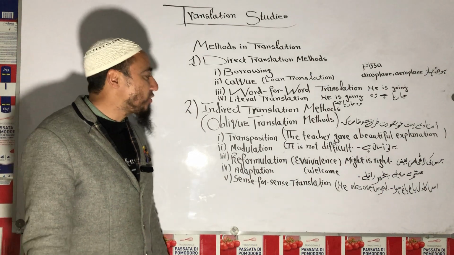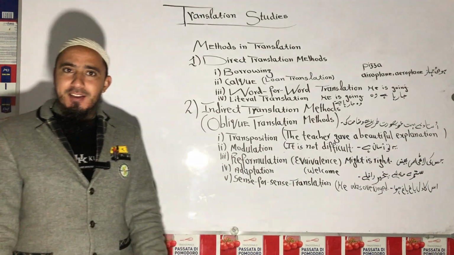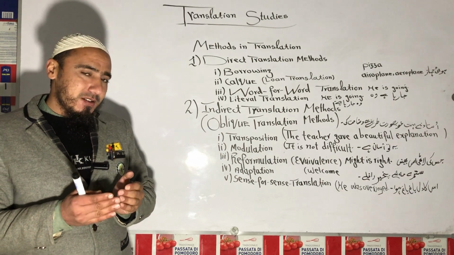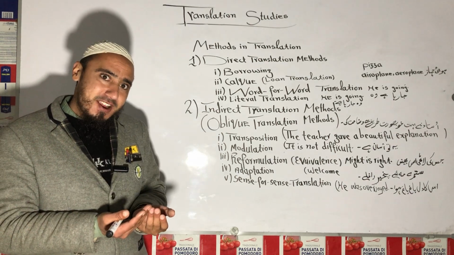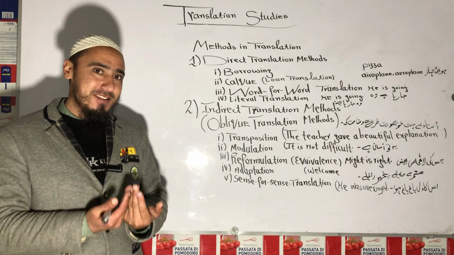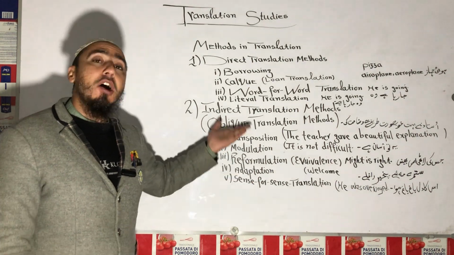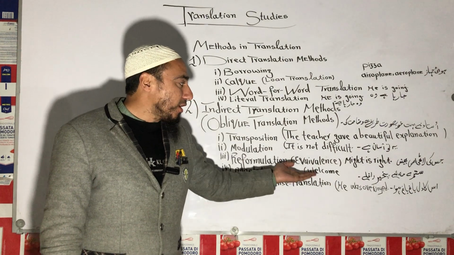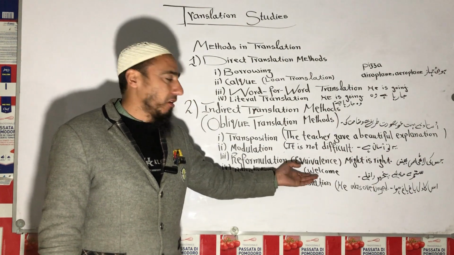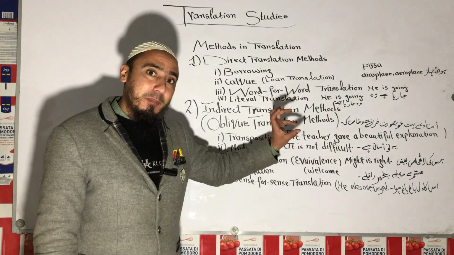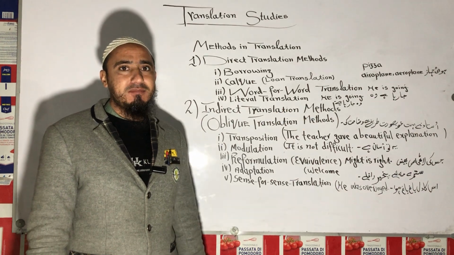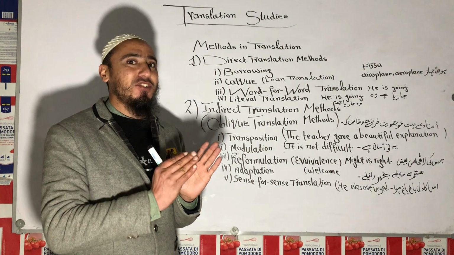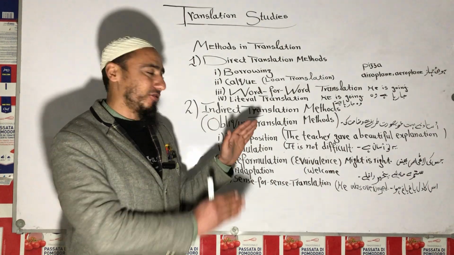Then we have adaptation. Adaptation means there are some cultural terms. If their translations are possible, definitely they are translated, but in a way which could express a better translation. It is translated according to the cultures, not by the same cultures.